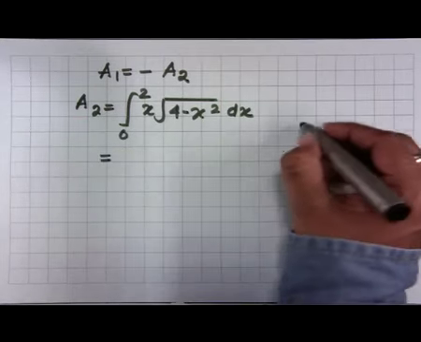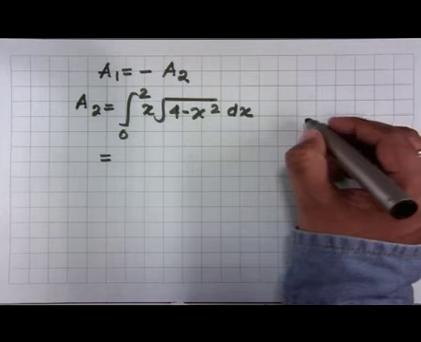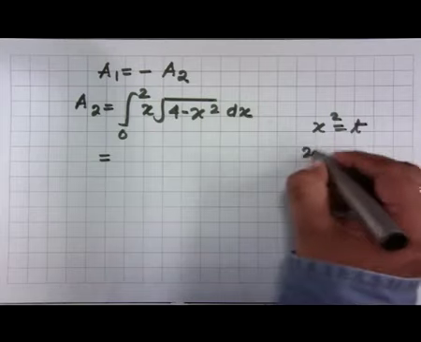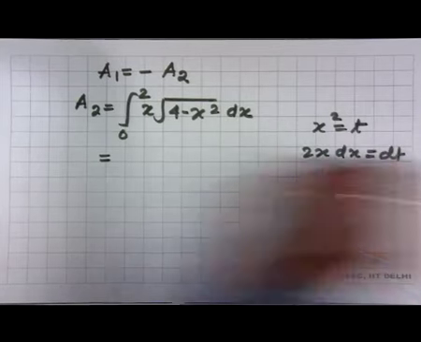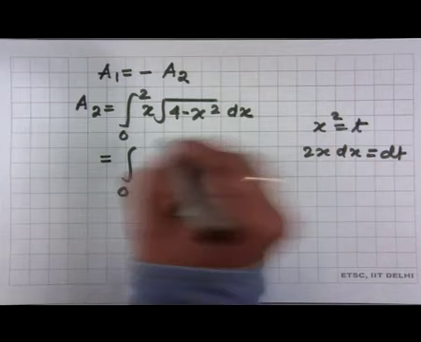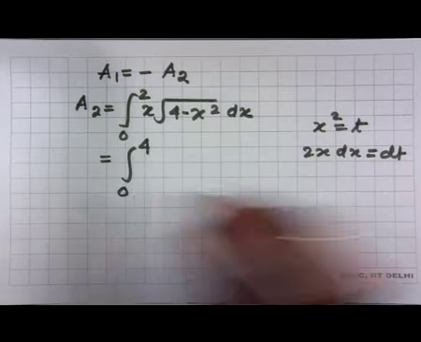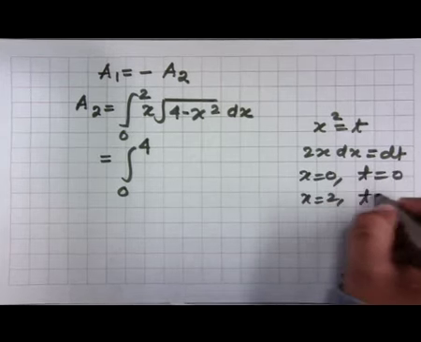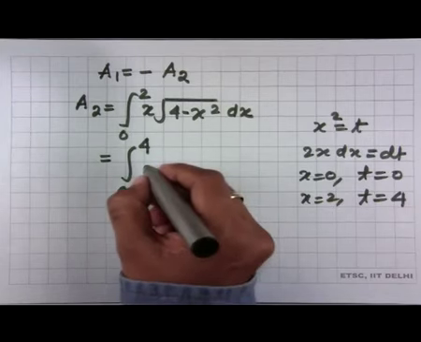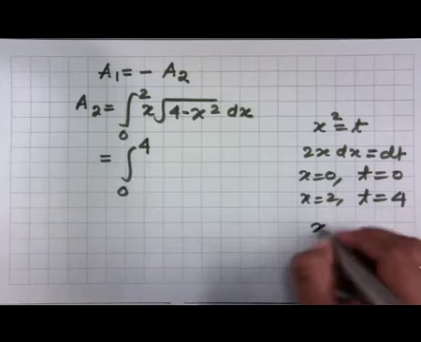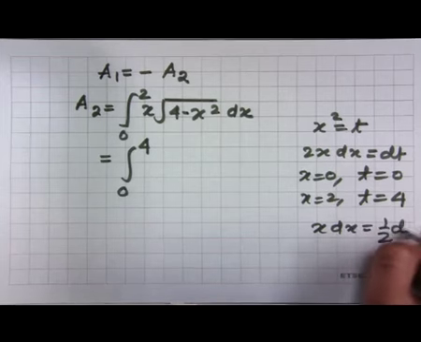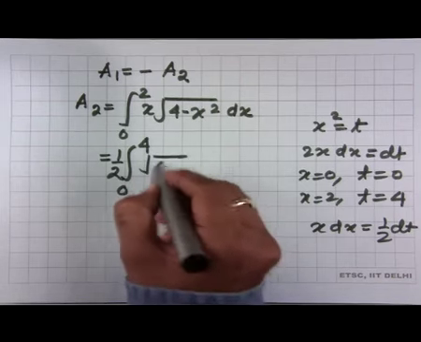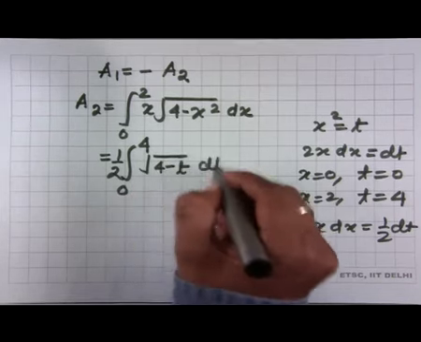Now assume that x square is t, so 2x dx is dt. At x is 0, t equals 0 and at x is 2, t is 4. So limits will be this, and x dx is 1 by 2 dt. So you get 1 by 2 integral of under root 4 minus t dt.